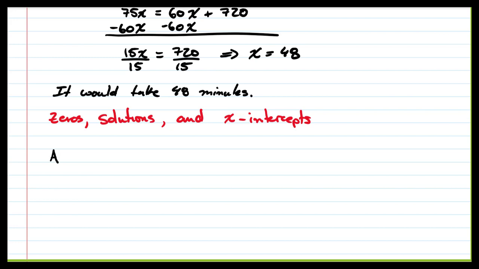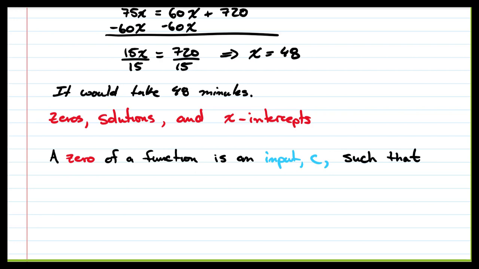So a 0 of a function is an input that we're going to name c such that the output for c is equal to 0.